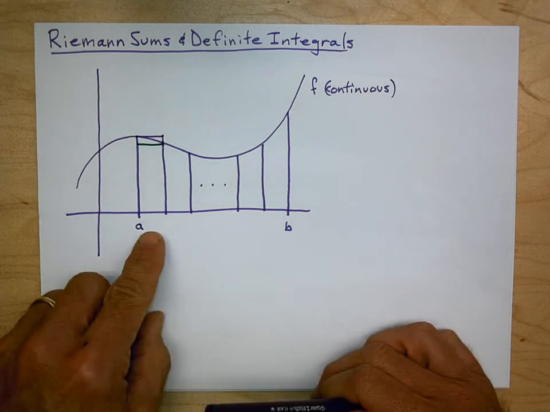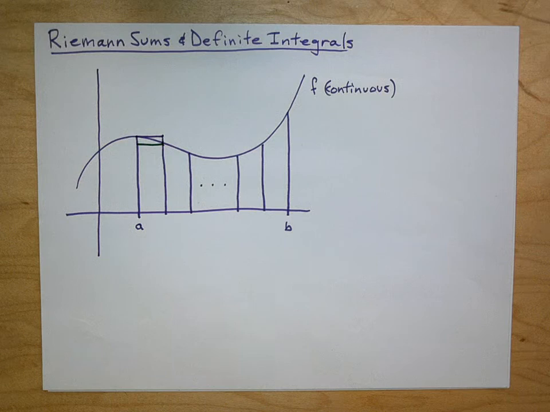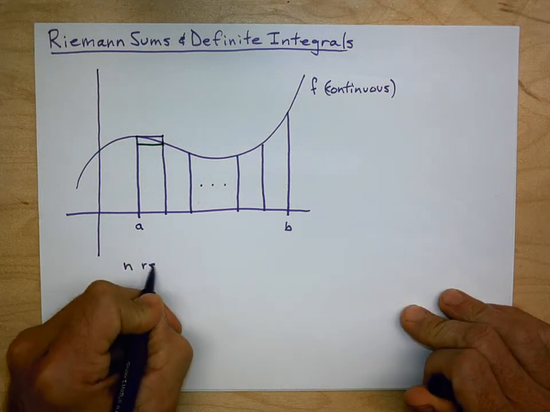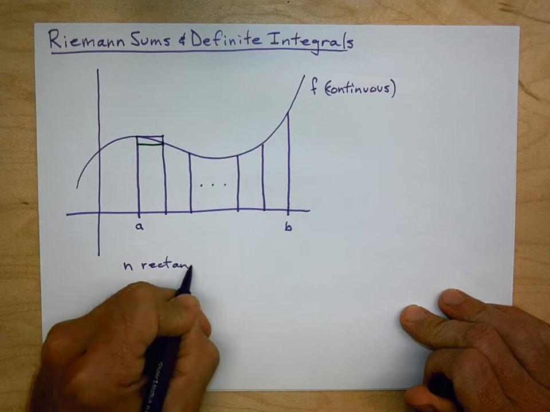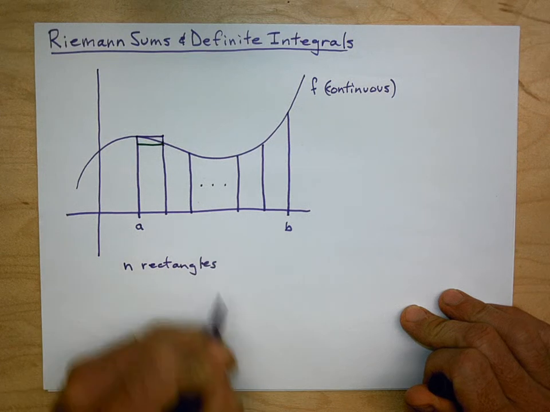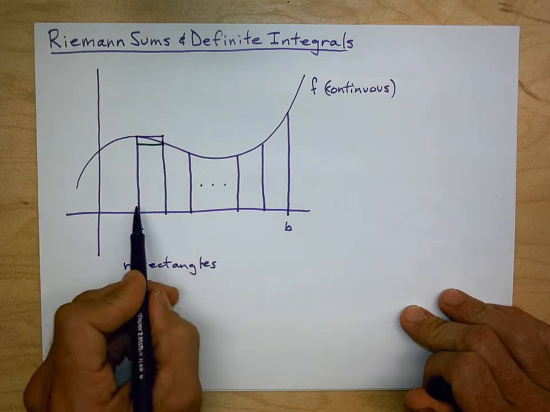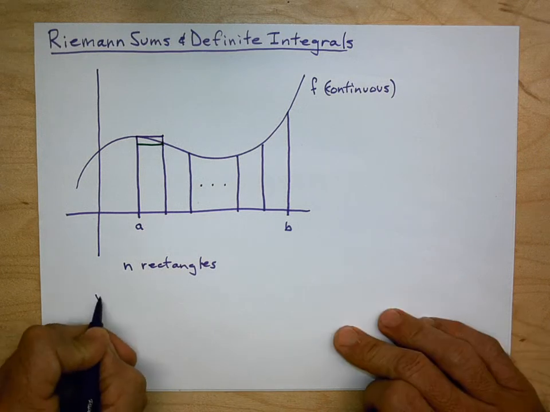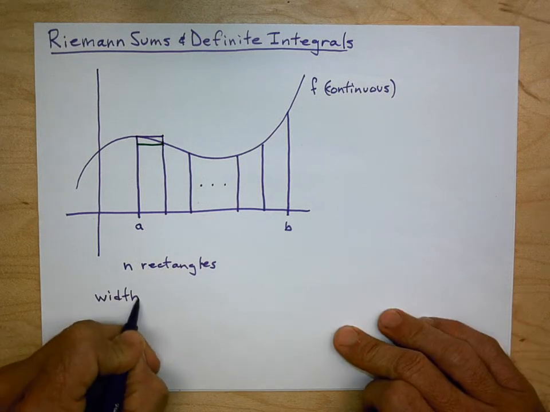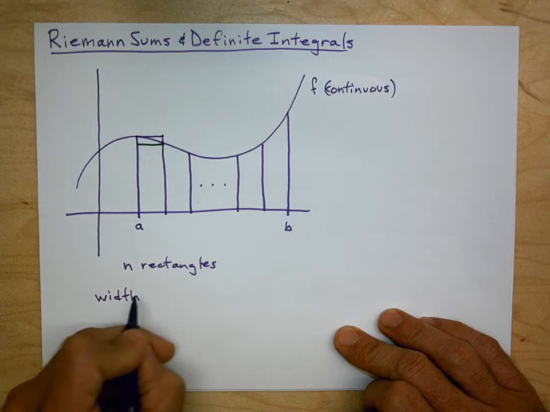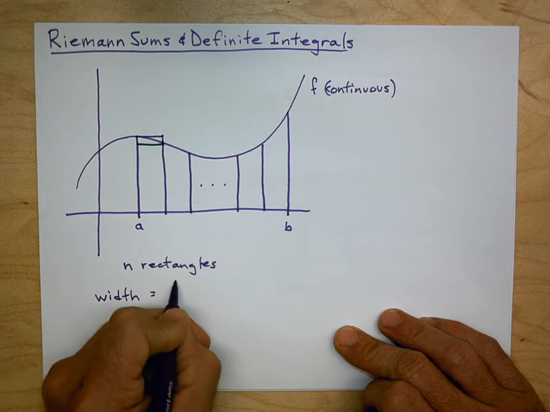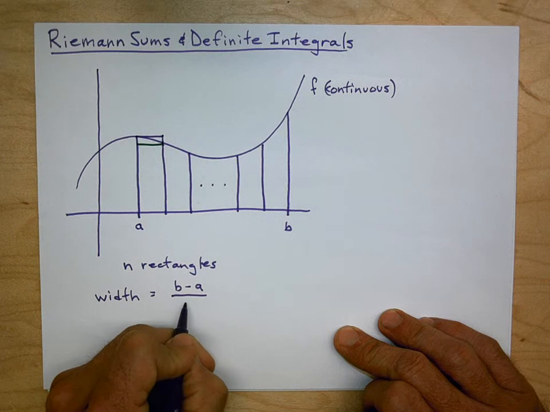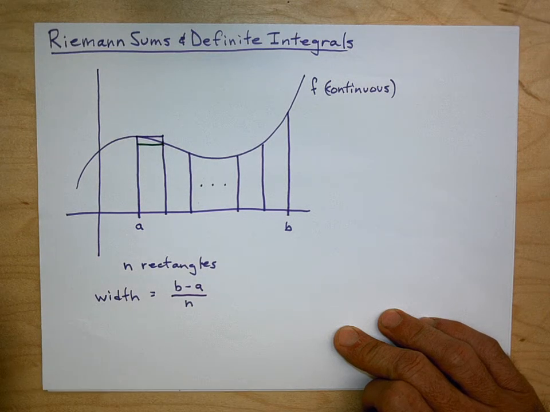So let's think about what the width of these rectangles would be. If we had n of these rectangles from a to b, and let's say they were equally spaced, so they all had the same width, then the width of one rectangle would be equal to the length of the interval divided by n, or the number of rectangles.